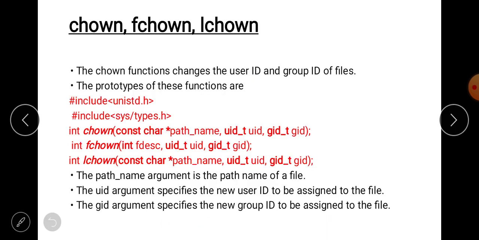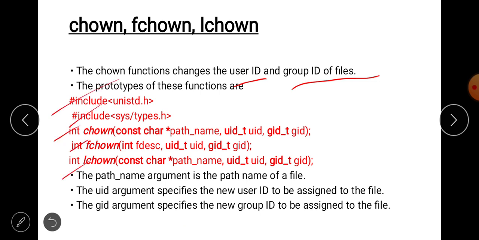Next one is chown, fchown, lchown. What is the function of these three? The chown functions change the user ID and group ID of the file. The prototypes of these functions are these, with two header files.